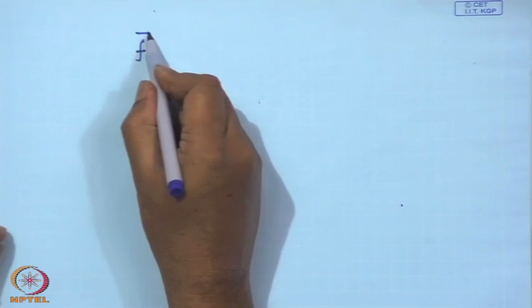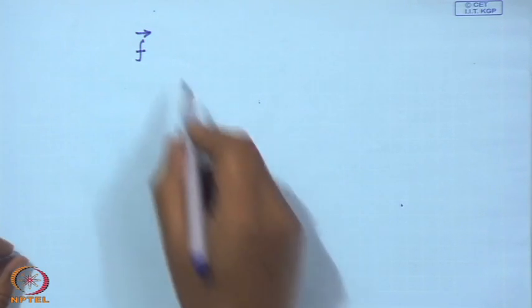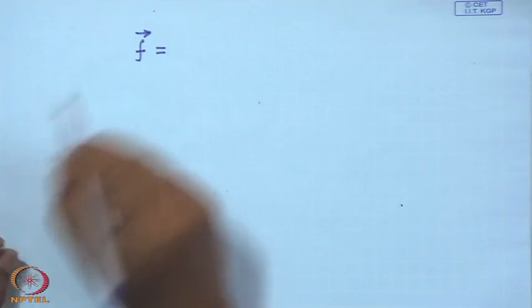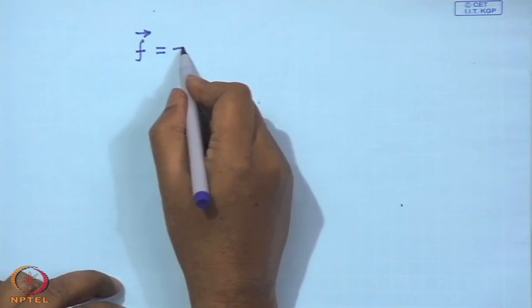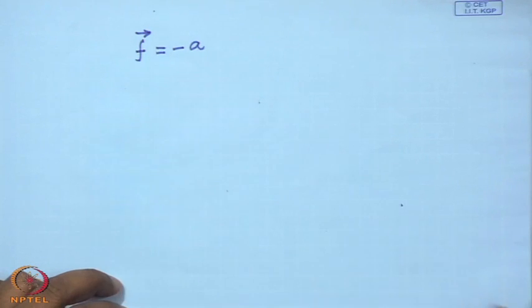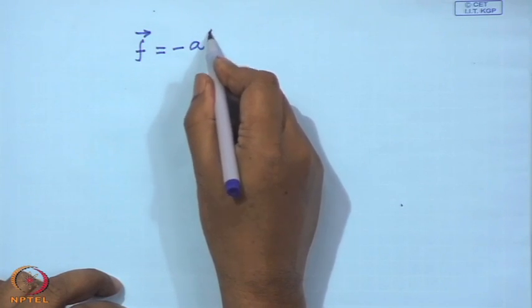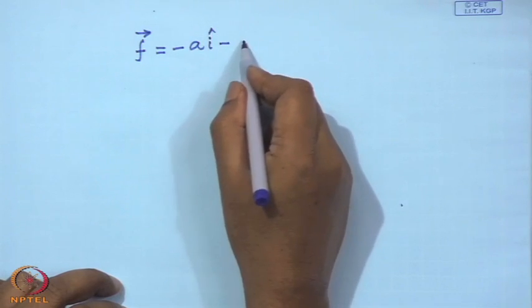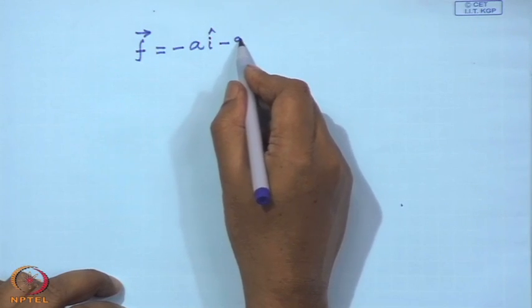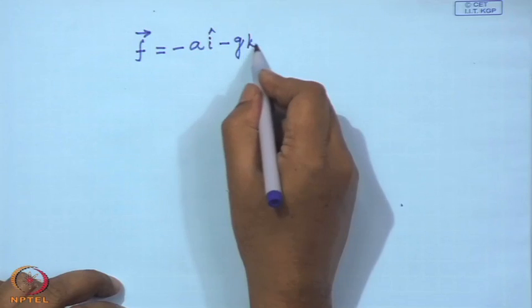If we write in your conventional vector notation, what is F? Minus a in the x1 direction, okay, you are calling it i, fine, call it i, minus g k.